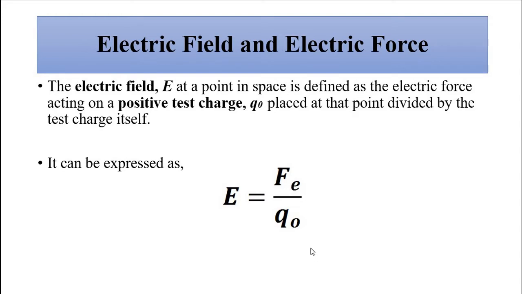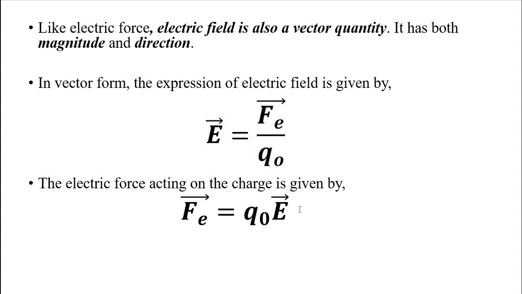The Coulombic force is given by Coulomb's law, Q1 Q2 by the distance r squared, that's why we call it Coulombic force. So the electric force is simply charge multiplied with the electric field intensity. This is the electric force exerted on a charge when it moves in an electric field.